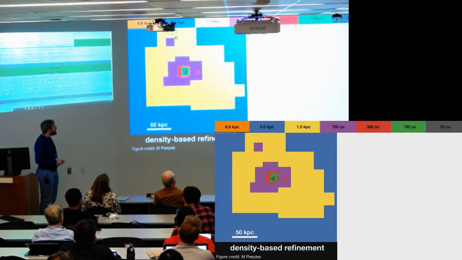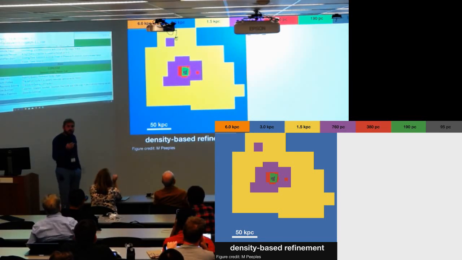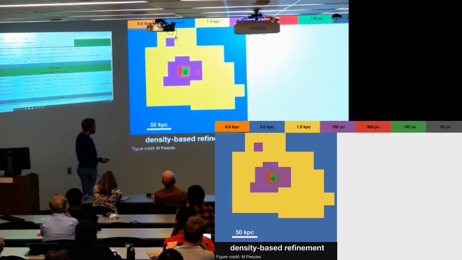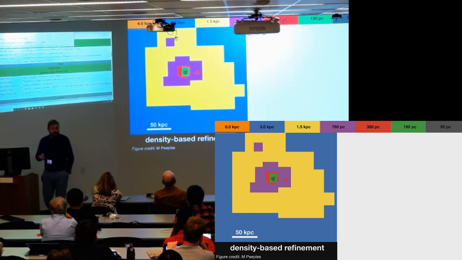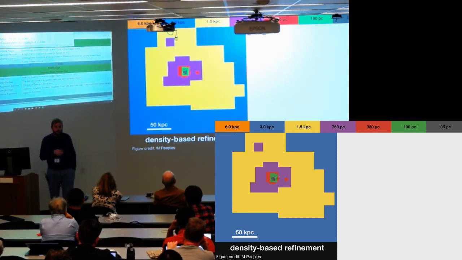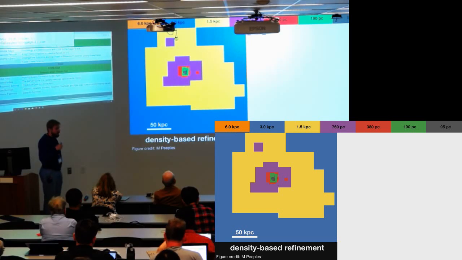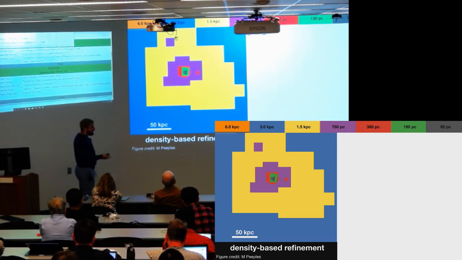So what's interesting about these simulations? They're run with ENZO, which is an adaptive grid code. With adaptive grid codes, you get the choice of the scheme you want to use to assign resolution. The traditional way this is carried out is through something like a density-based refinement scheme, where you assign resolution in areas of high density.